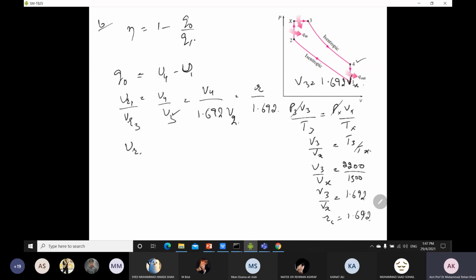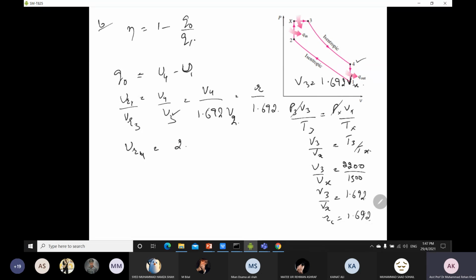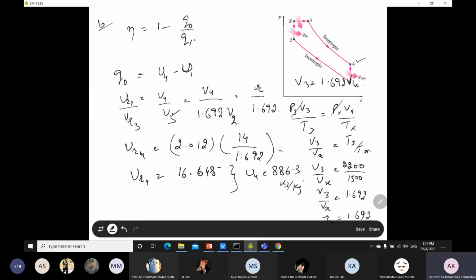From this VR4 turns out to be, because VR3 is known to us, 2.012, which is the VR3 value, times the compression ratio 14 times 1.692, and from here you can easily find the relative specific volume, which is 16.648. Taking this as a reference point and going to the thermodynamic table, you can find U4 by interpolation. 886.3 kilojoule per kg is the value of U4 from table A17.